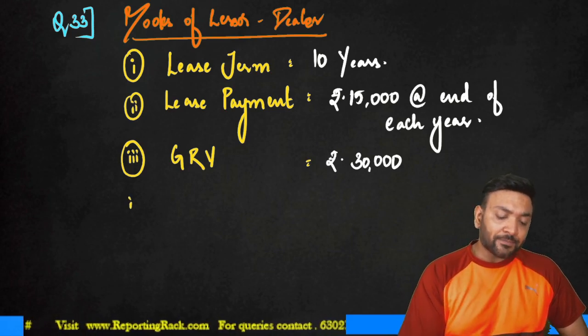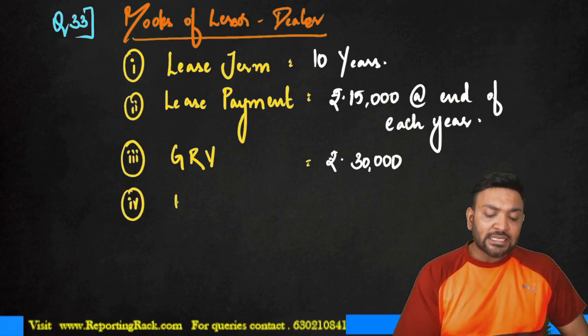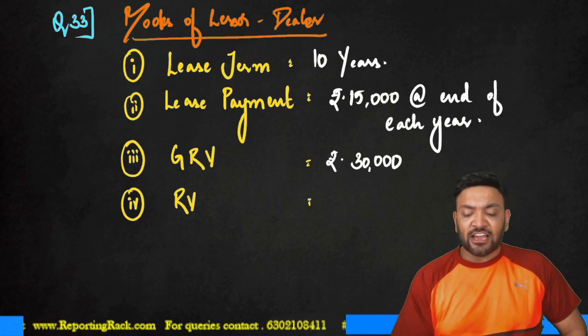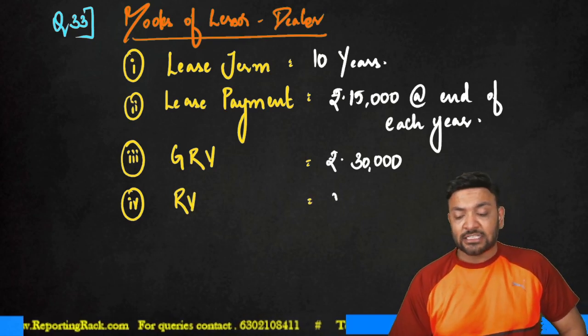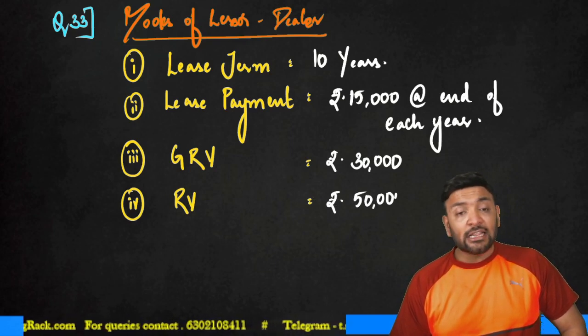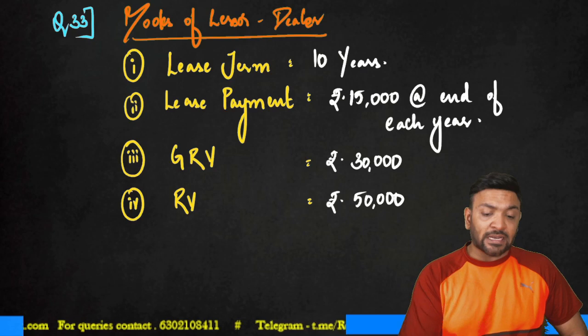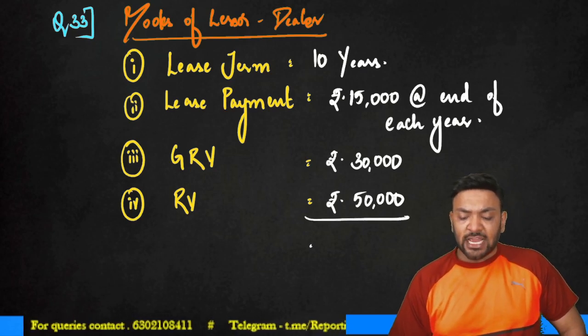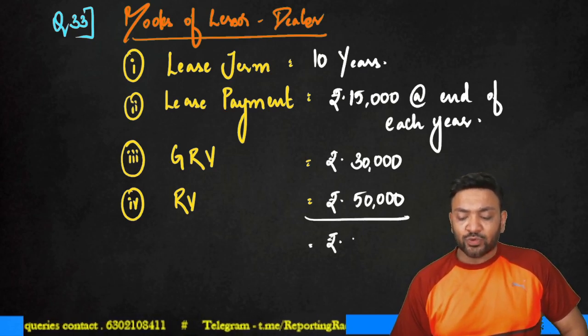Apart from this, he has given me a residual value, which is the fair value of the leased asset at the end of the lease term, 50,000. Looking at these two, the most important aspect I can calculate is the UGRV, which is 20,000.